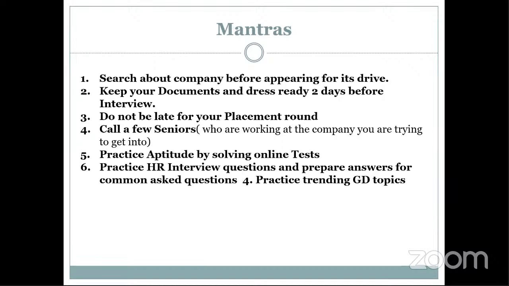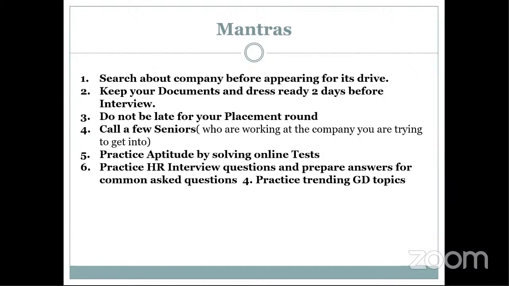Fourth point is call a few seniors. Now, the first point we discussed was the placement drive. Second, we discussed the employability test, and also we have to discuss the referral drive, right? Referral, what is referral?